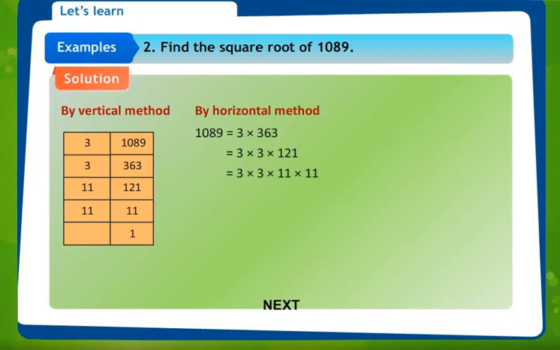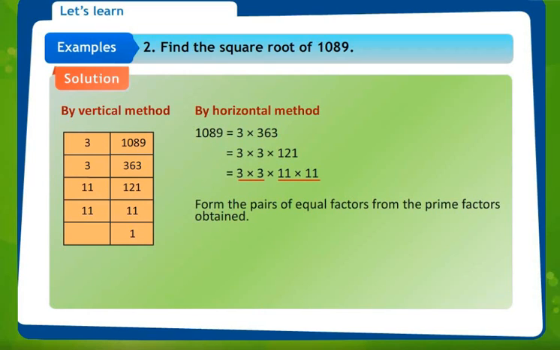Now by the horizontal method, 3 into 363, 3 into 3 into 121, and 121 is written as 11 into 11. Again we form the equal factors, then we write each one a single time. The square root of 1089 is equal to 3 into 11, which is equal to 33.